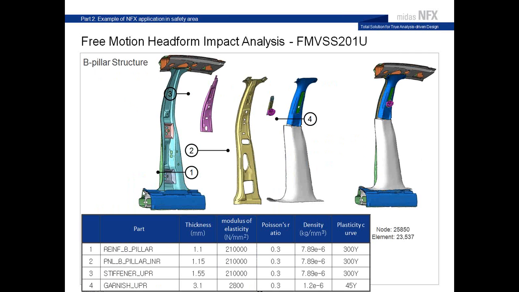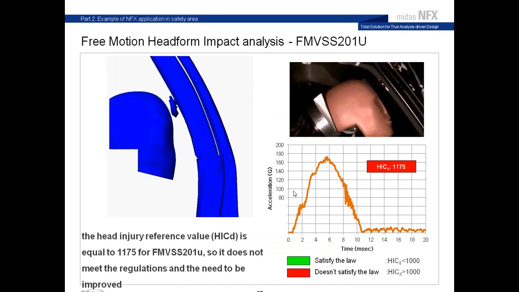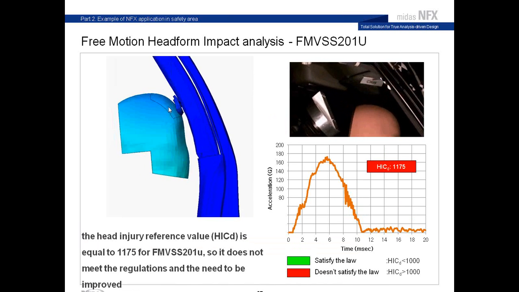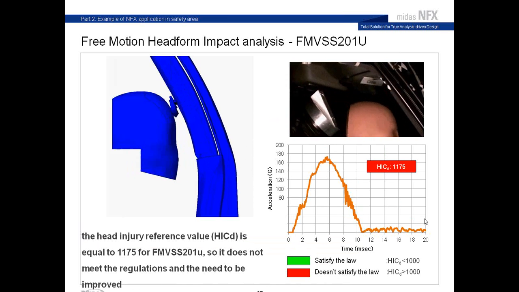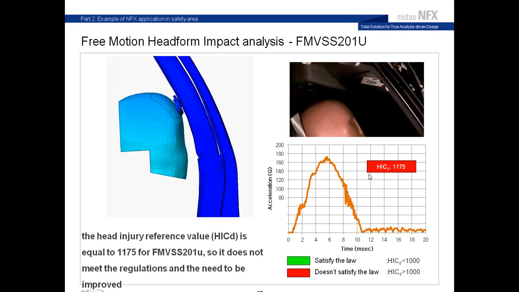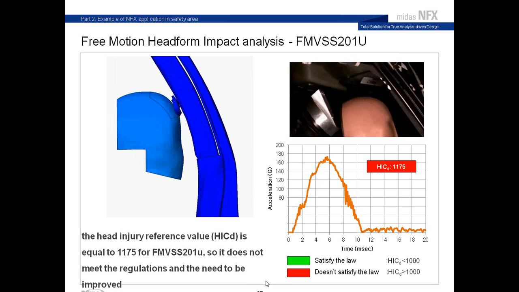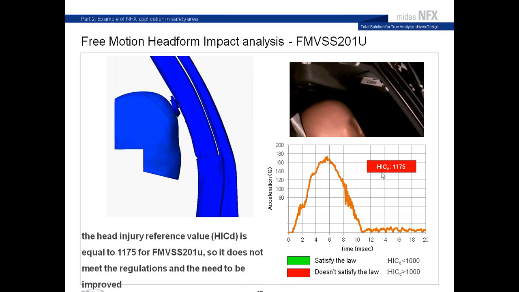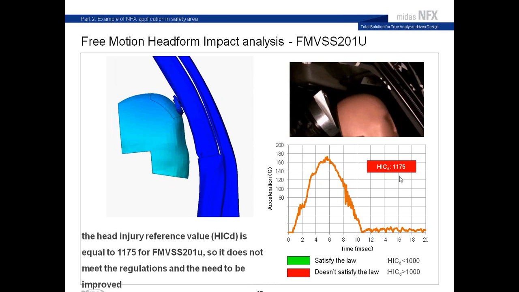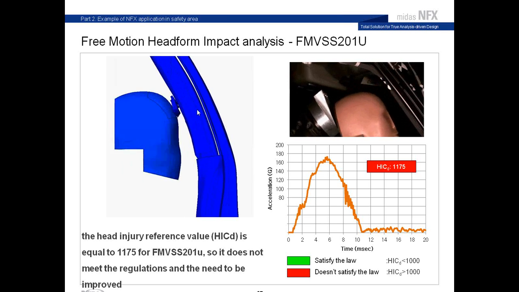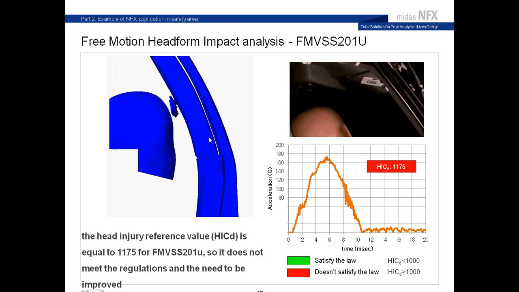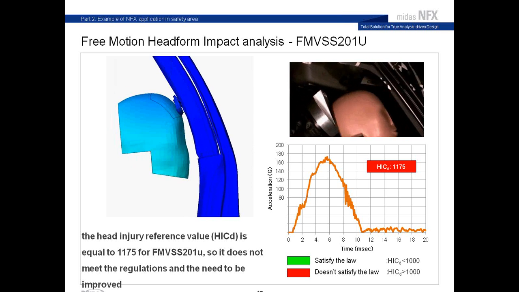Here is the model, with different parts considered inside this part of the car, and the impact here. Same, you have a registration of the acceleration, and then you calculate this value, HIC, which tells you if it satisfies the law or not. In this case it was superior to 1000, so it doesn't satisfy the law. As you saw, this part had to be redesigned to meet the regulation.